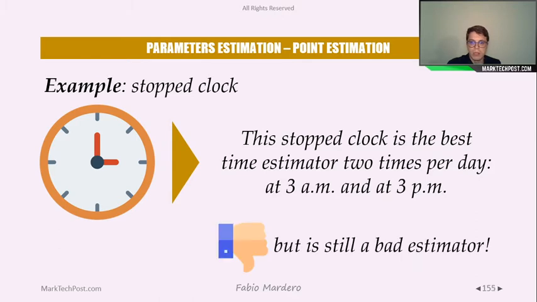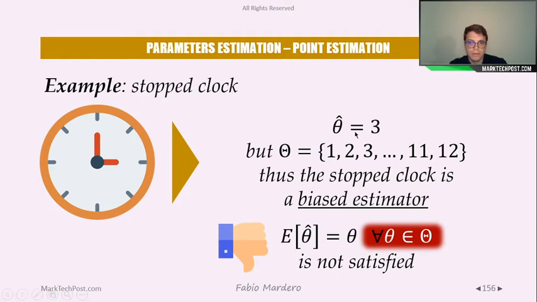Meh, it's still a bad estimator. But how can I formally describe this thinking? Well, here the estimator is always equal to 3, but the parameter space here goes from 1 to 12. So thus the stopped clock is a biased estimator, since this relationship is not satisfied for all values of the parameter.